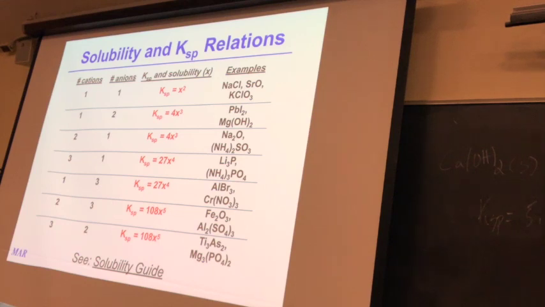The reason I'm introducing this is because tables of KSP abound. They're all over the place. You can Google them right now. Solubility, though, is much trickier. Solubility is very specific. It can be temperature dependent and stuff like that.